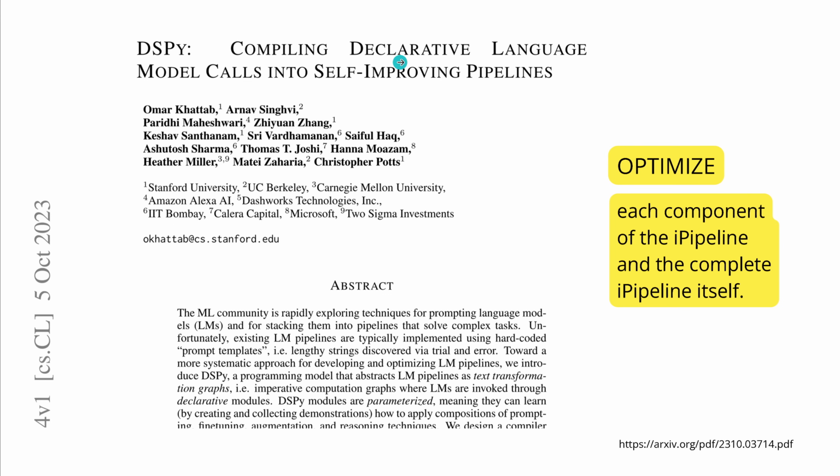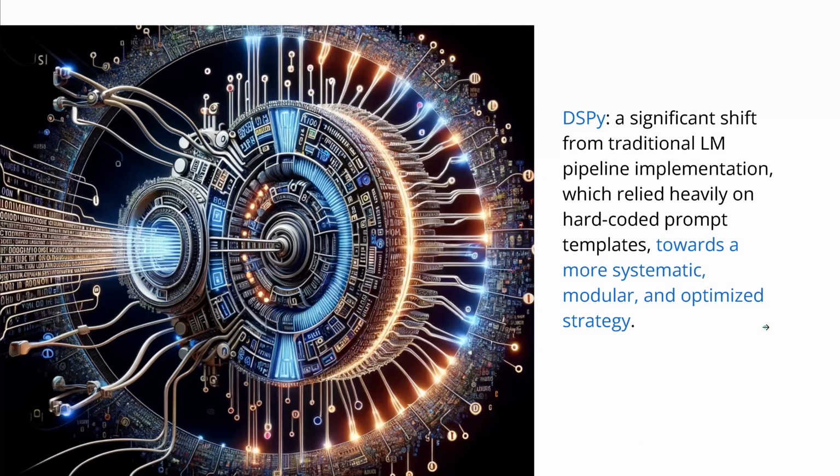So we are compiling declarative language model calls into self-improving pipelines, and we code it in PyTorch. So this is the background. We want to optimize each component of our AI pipeline and the complete AI pipeline as a graph structure, as a graph representation itself. Easy peasy.